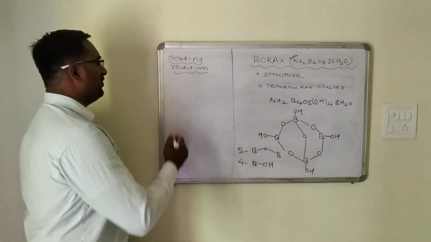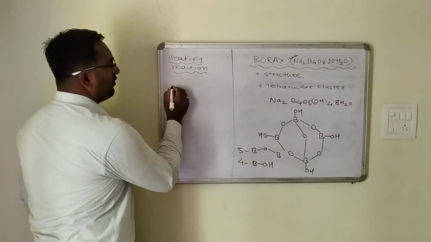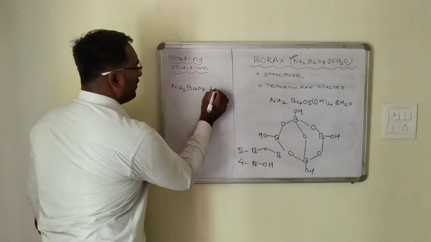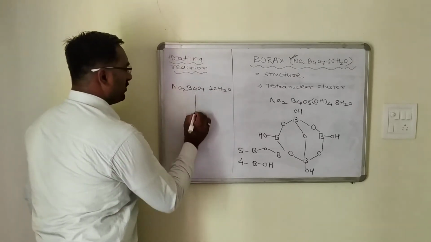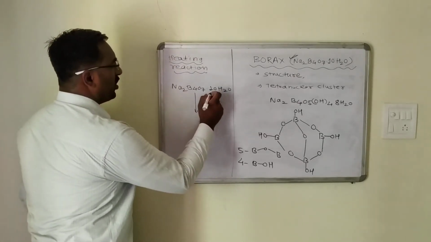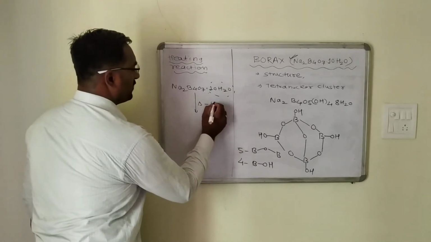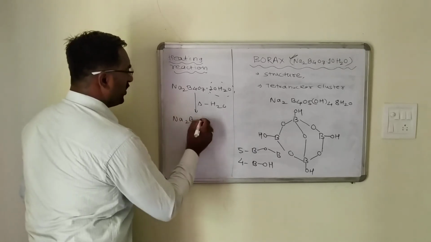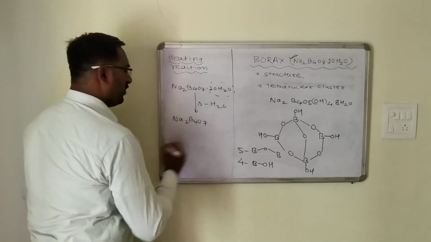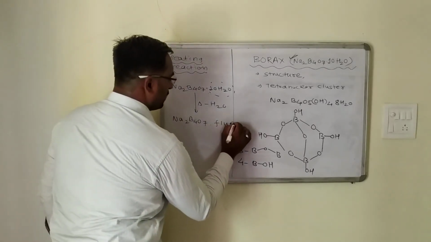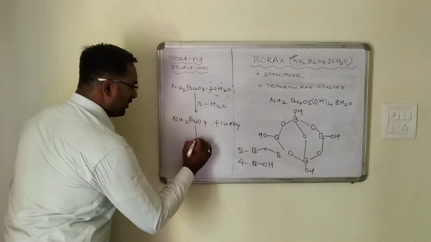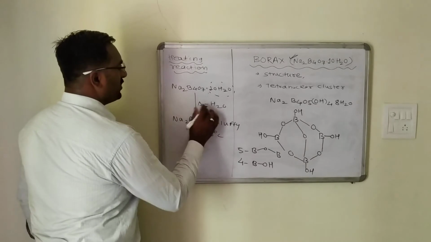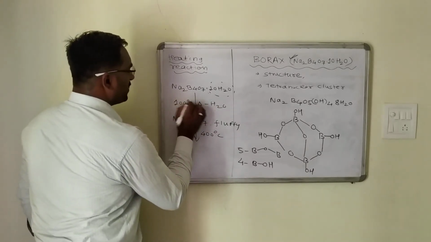So let us have the reaction. What happens when borax is heated? We have borax, Na2B4O7·10H2O. When it is heated, initially there is loss of water of crystallization. There is formation of anhydrous sodium borate. This is fluffy. When this fluffy borate is heated again at near about 400 degrees centigrade, at 100 degrees centigrade there is loss of water molecules.